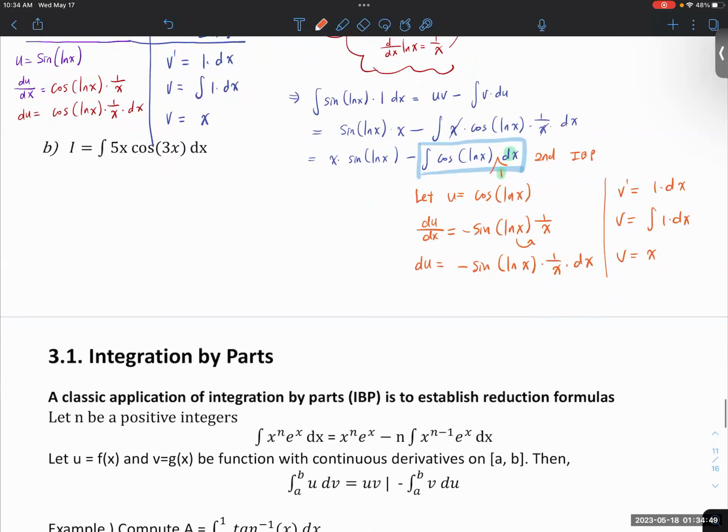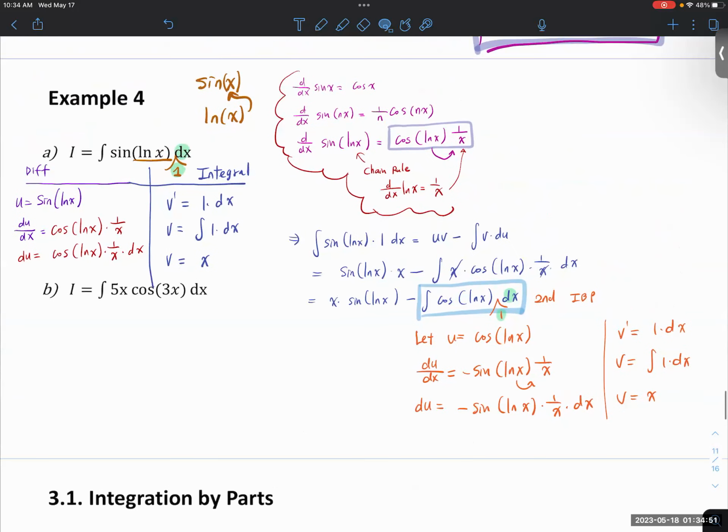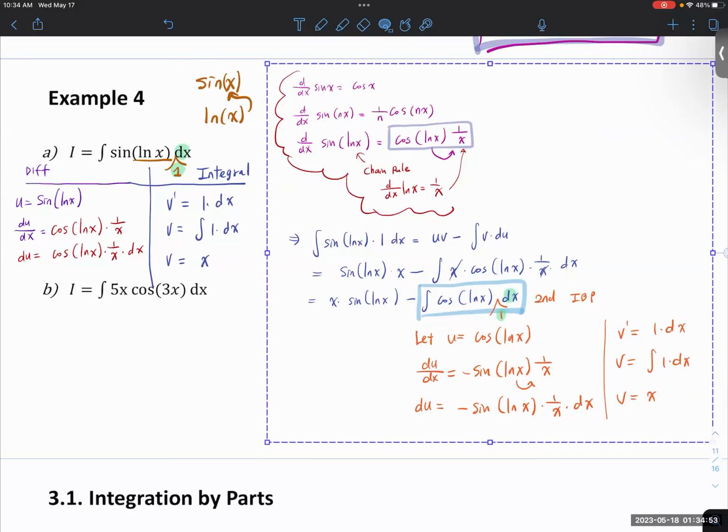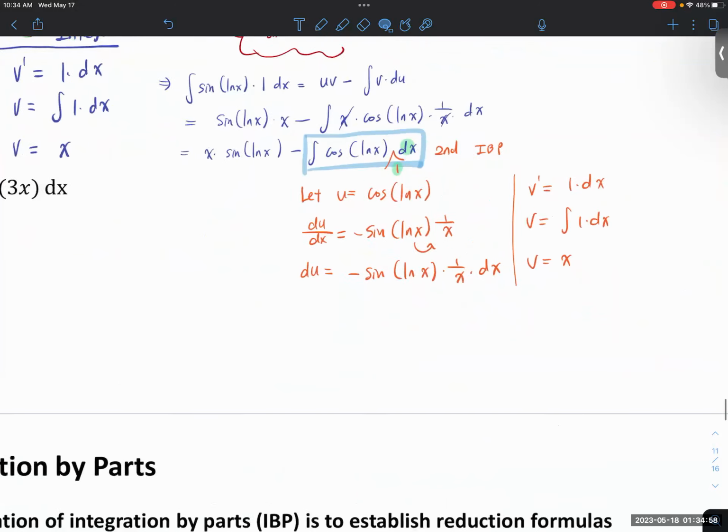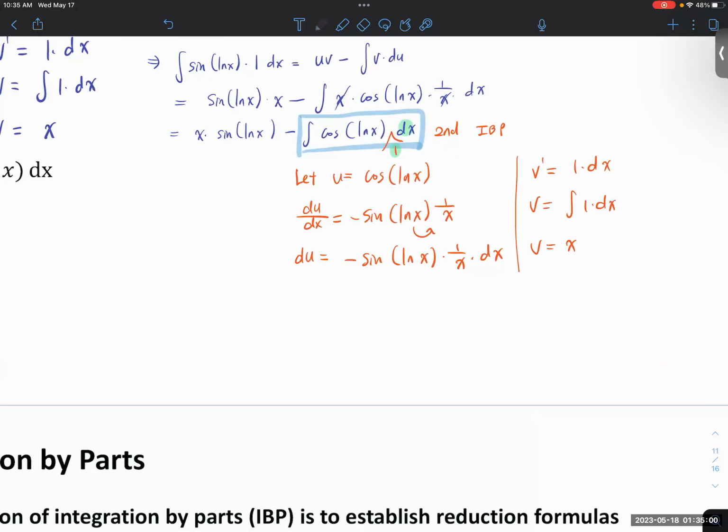So you're going to plug back in. Let me minimize a little bit. I know we always need more space. So according to the IBP, uv minus integral v du. So u is cosine ln x, v is x, du is negative sine ln x, 1 over x, dx.